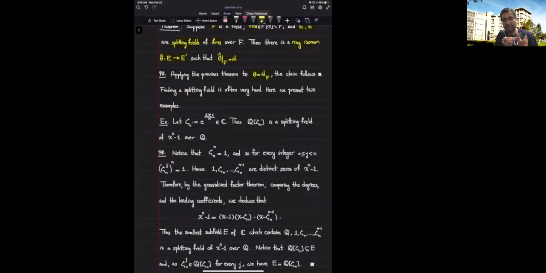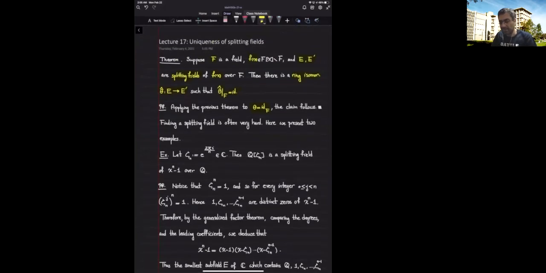It's the same field F, and I'm taking the identity from F to F. And then in that case, we get this theta hat that's an isomorphism between the splitting field of the polynomial f in the first copy and the second copy, but they are the same polynomials. So we get exactly this statement.